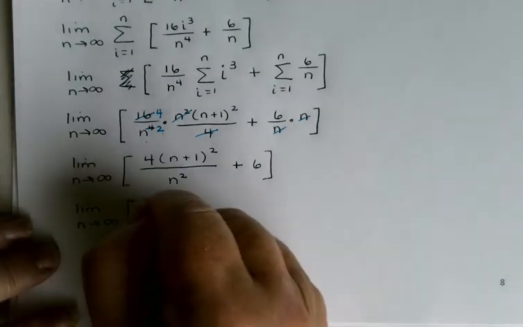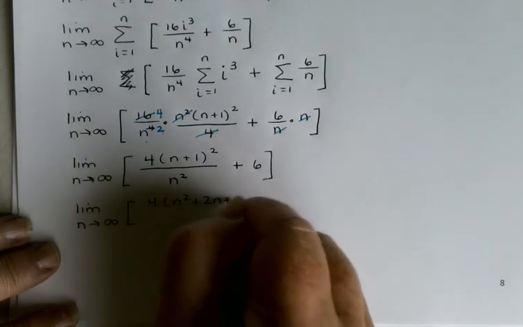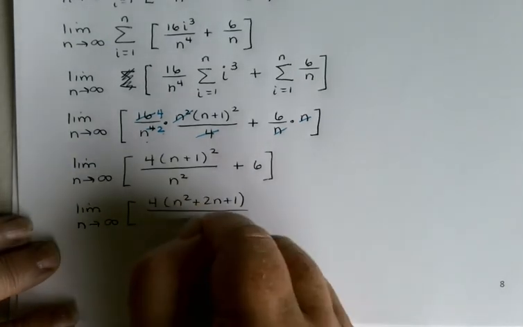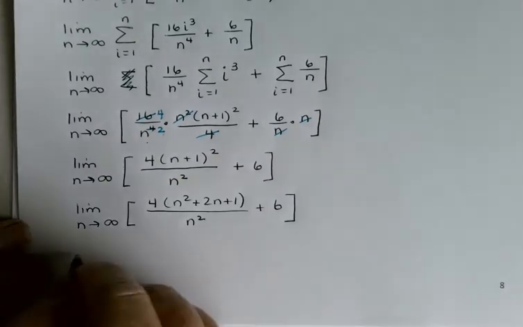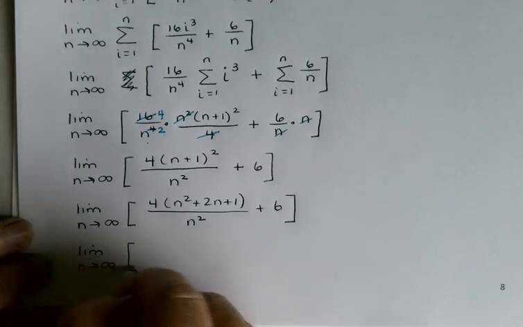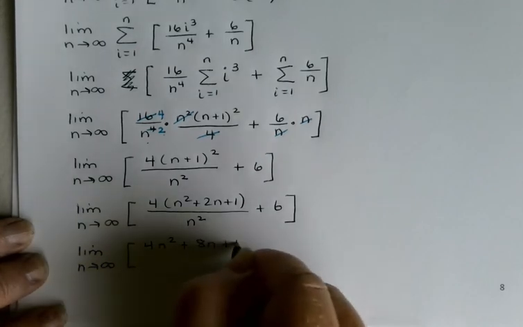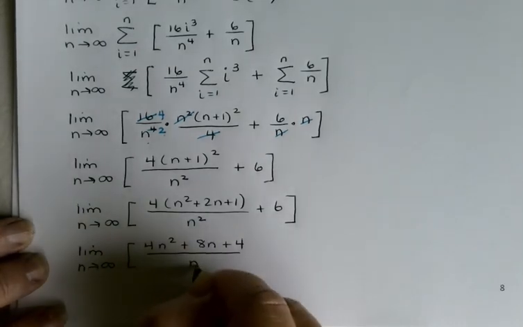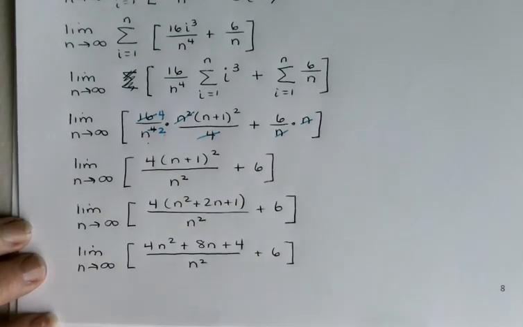So almost there now. If I square that out, that's n squared plus 2n plus 1. Which gives me 4n squared plus 8n plus 4 over n squared plus the 6.